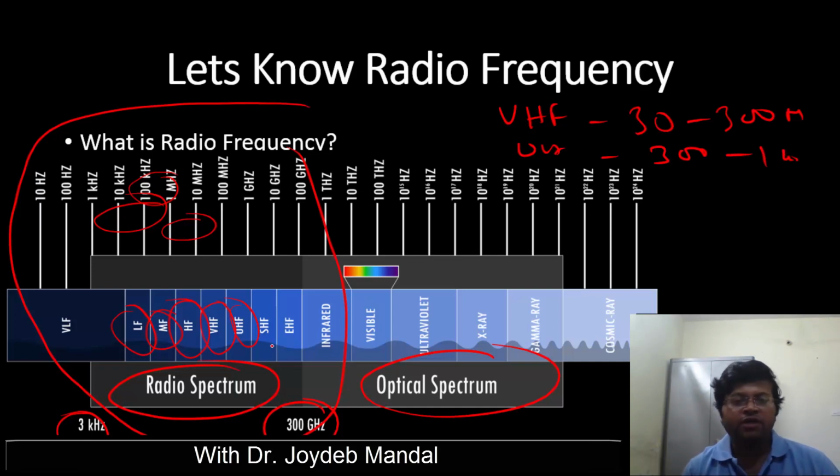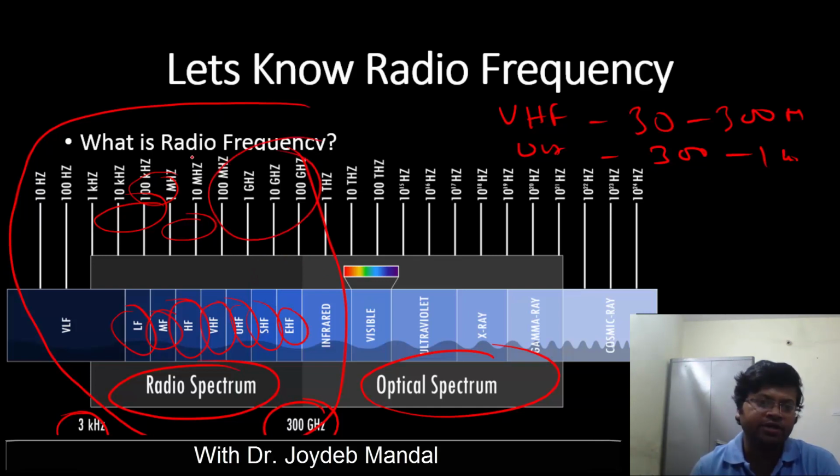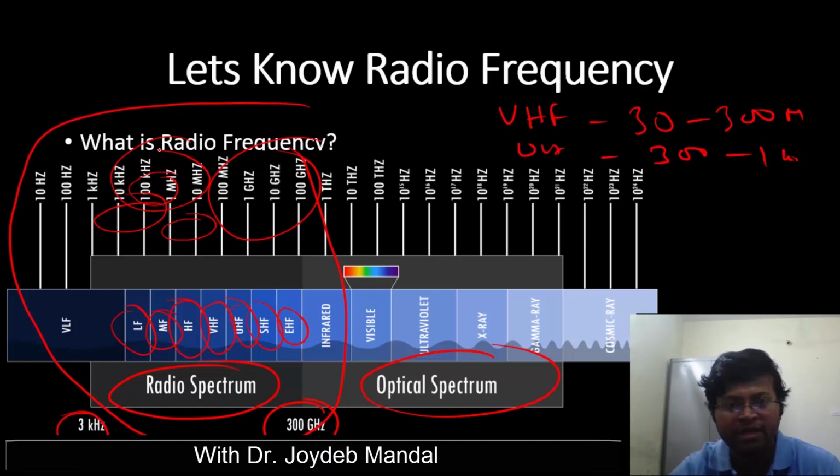Then there are super high frequency and extreme high frequency. This way all the frequencies are defined. This is the microwave range and also the radio frequency range, both ways are correct. So now we have the information about which band radio frequency lies in.